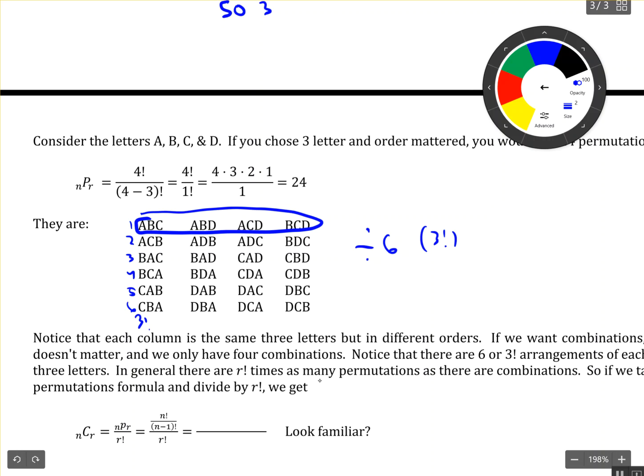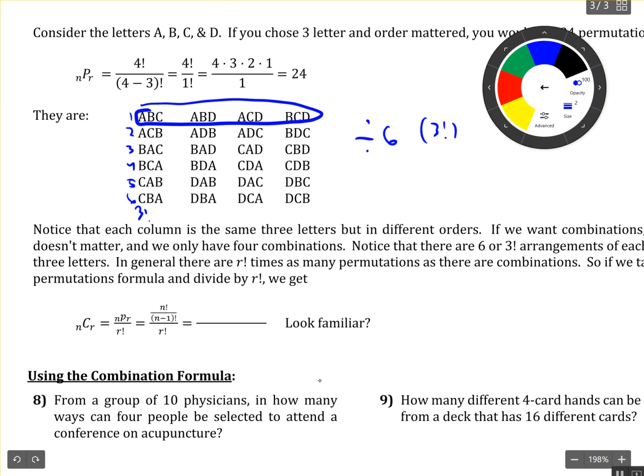And so basically, if I'm taking a bigger number, I don't want to list them all out. Let's just say I'm choosing 5 items. What I'm going to do is divide by 5 factorial because that's how many ways I could reorder those five items. So, and this should be an r here, it's n factorial over r factorial times n minus r factorial.